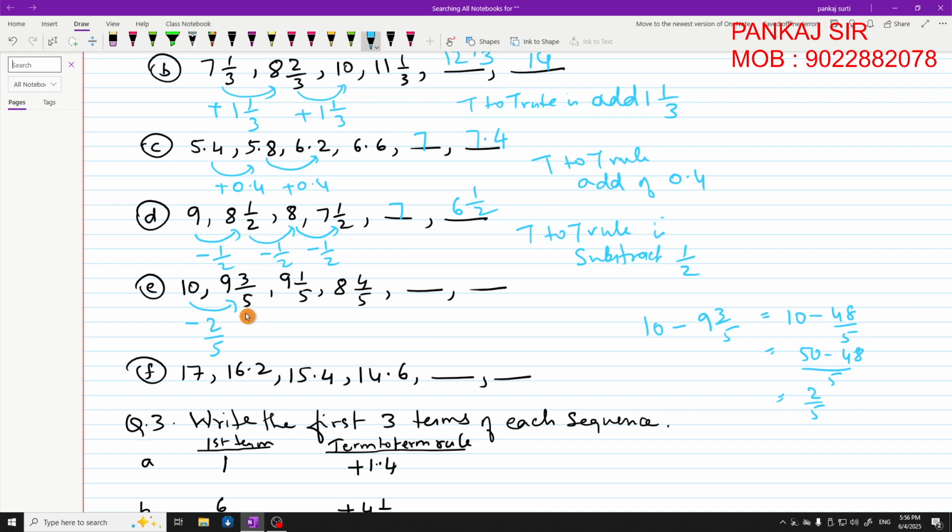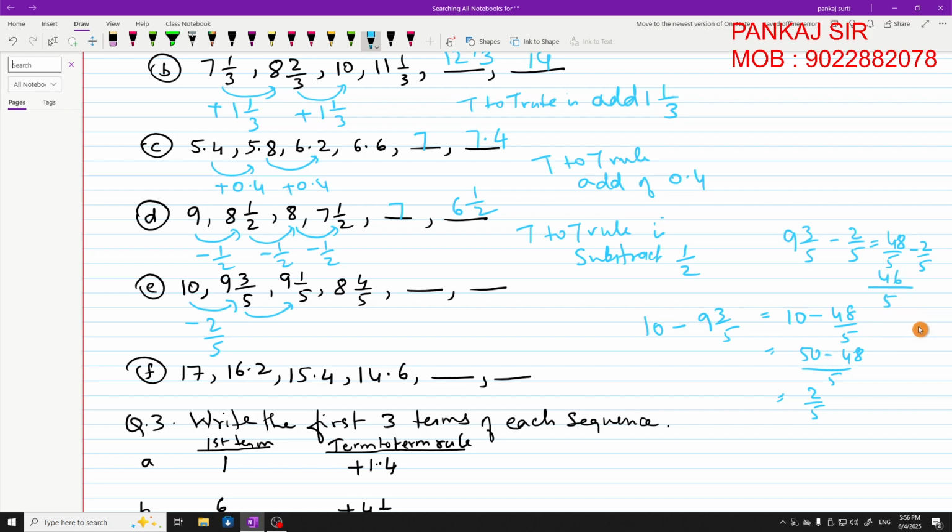Now from 9 3 by 5, if you subtract 2 by 5, you should get this 9 1 by 5 as well. Okay, let us check that also. So 9 3 by 5 minus 2 by 5. Let us check whether you are getting 9 1 by 5. Okay, so 9 3 by 5 will be 48 upon 5 minus 2 by 5. Okay, this will be 48 minus 2 is 46 upon 5, right?